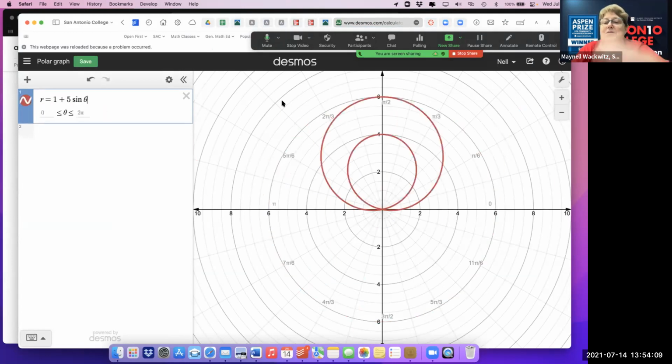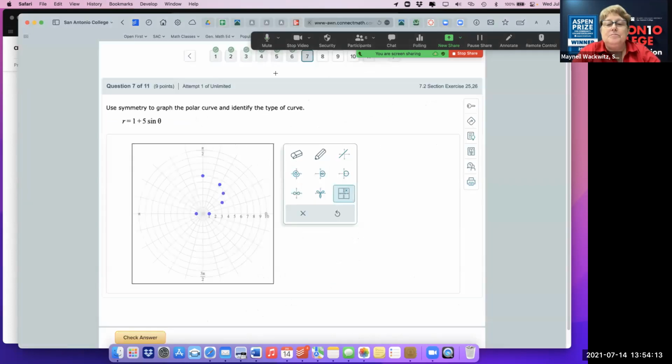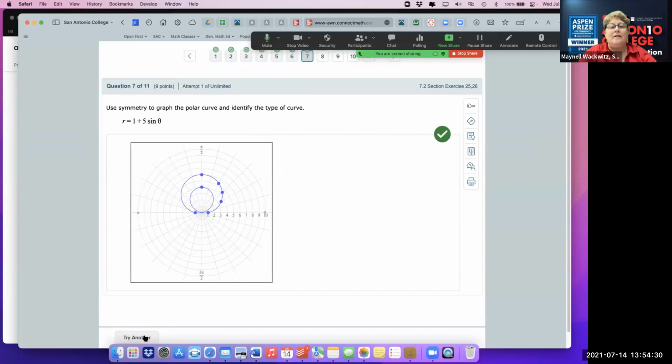Okay, it looks like a limaçon and it's vertically oriented. Oh, let's see if that's right. Looks kind of right. Yay.